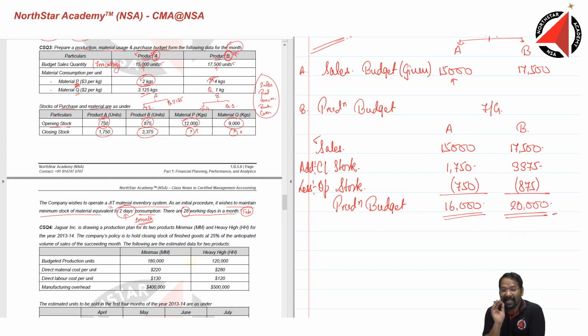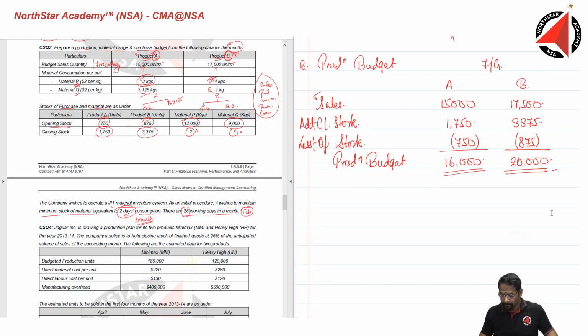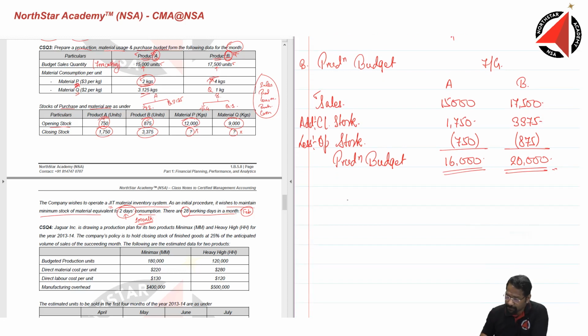So far clear? Can I have a yes or no before I go to the next one? Very good. Next, what is the third budget that we are going to do? The third is the consumption budget.